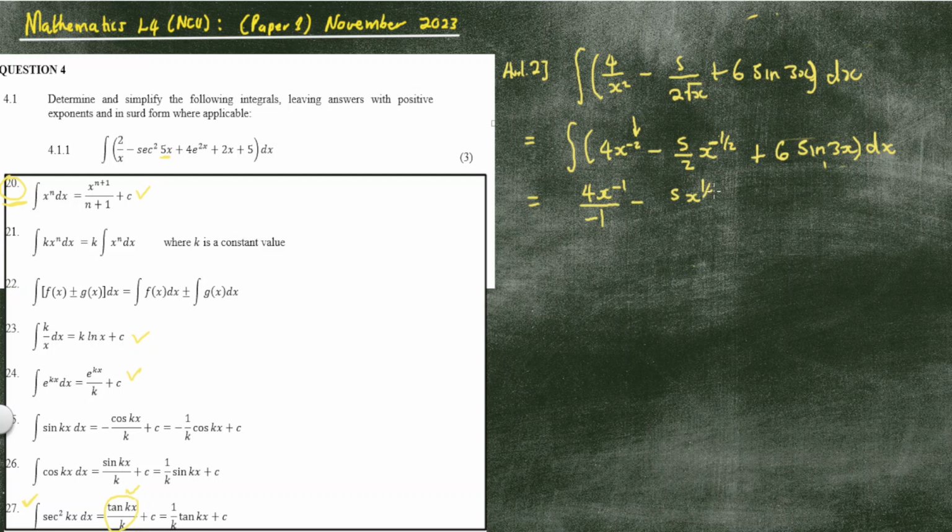It's going to be a positive half, divided by the exponent we get, negative half plus 1, which is half. This exponent we got, we also divide by it, right? So of course, because 2 is in the denominator, the answer that we get is going to multiply the denominator, which is below.